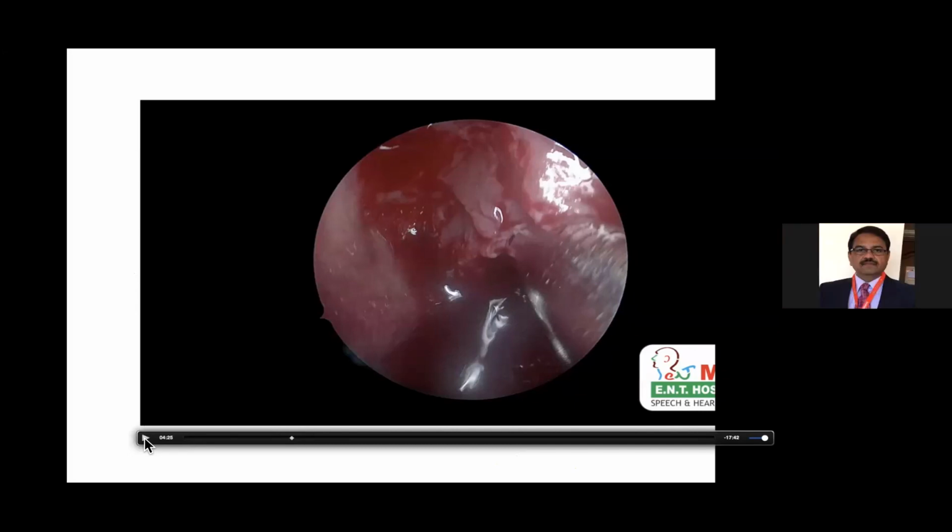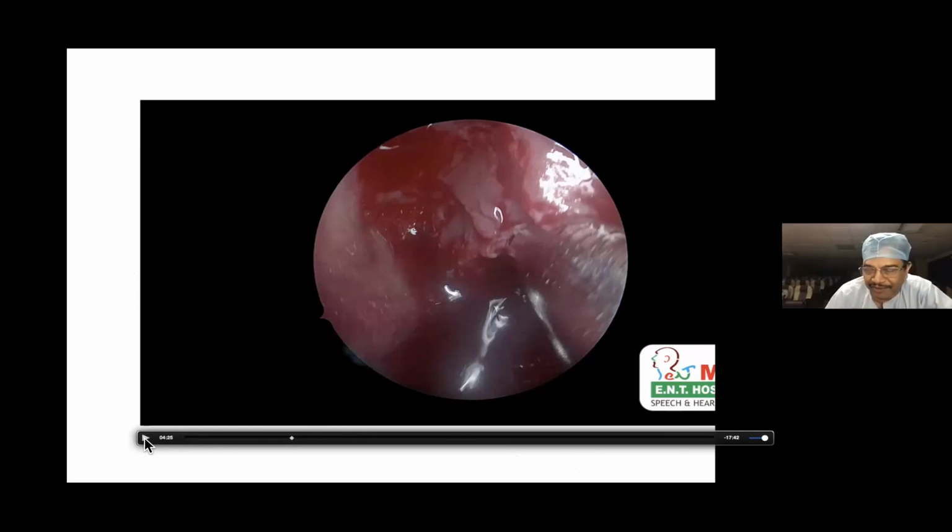So keep that. You don't expect the lamina papyracea to go suddenly laterally and suddenly medially. The majority of the time, the lamina papyracea is a straight bone. So keep that under your vision all the time. Once I've seen that, there is no worry for me. Fantastic, sir. Yes, I've seen the lamina in the infundibulum.